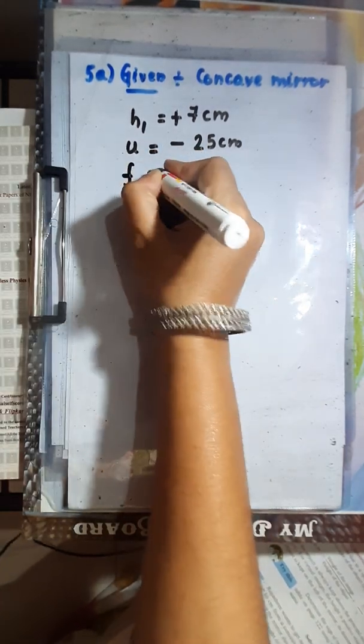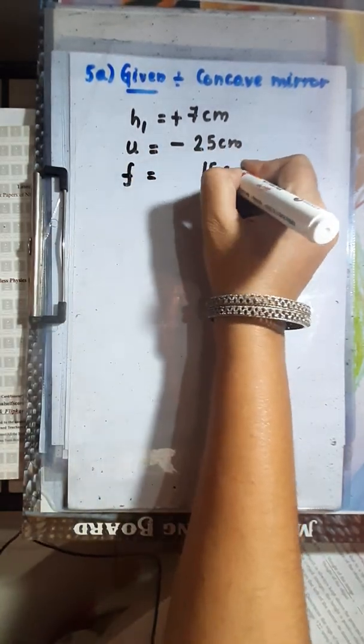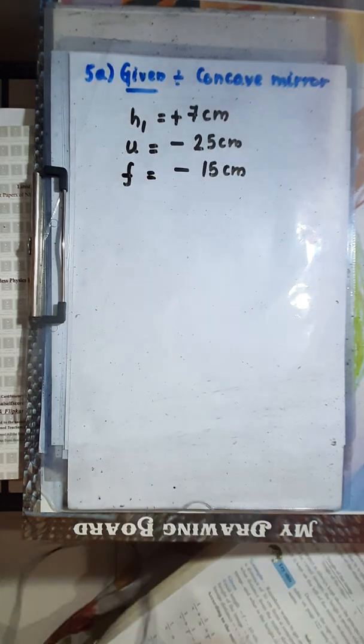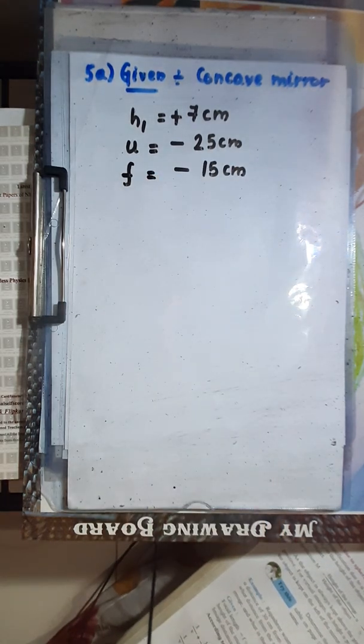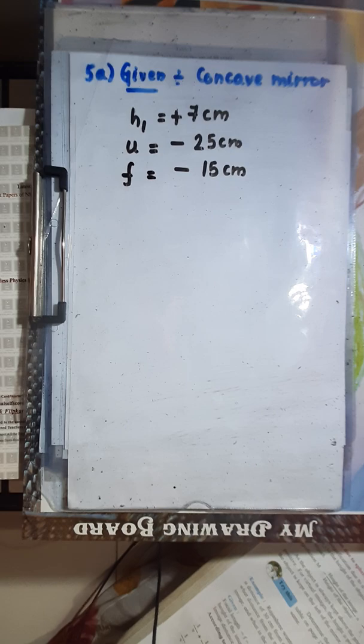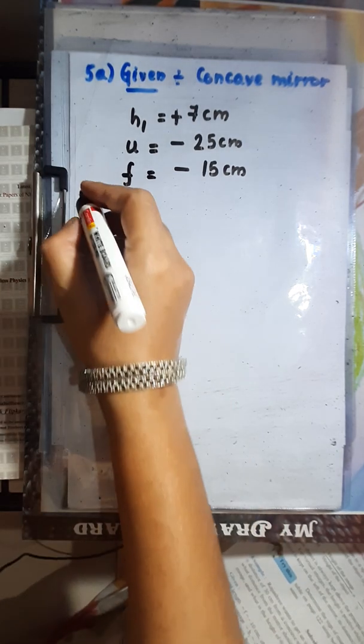The focal length of the mirror is 15 centimeter, concave mirror. So therefore negative 15. At what distance from the mirror should the screen be placed to get a clear image? What will be the size and the nature of the image?